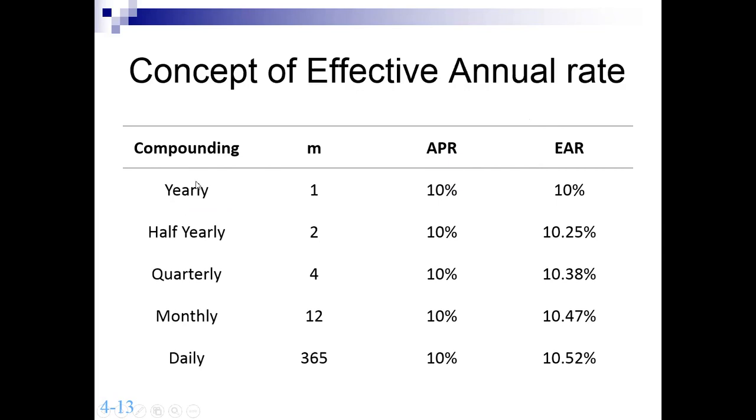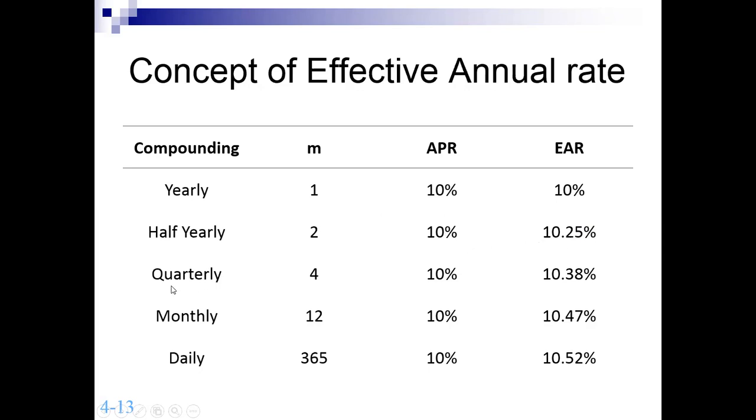But as you move the compounding interval from yearly to half yearly, meaning now you are working with M taken as 2, then if APR is 10%, the effective annual rate will not be equal to APR. It will be slightly higher than the APR.